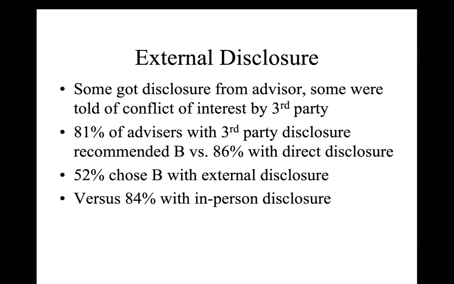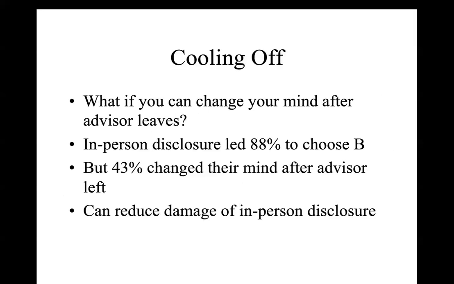And then we see that for the client, only 52% choose B with external disclosure, while 84% choose B with in-person disclosure. And so we see a little bit of reduced willingness to make a self-interested disclosure on the advisor side, and we see a lot less pressure to comply on the client side when they can respond to an external third party.